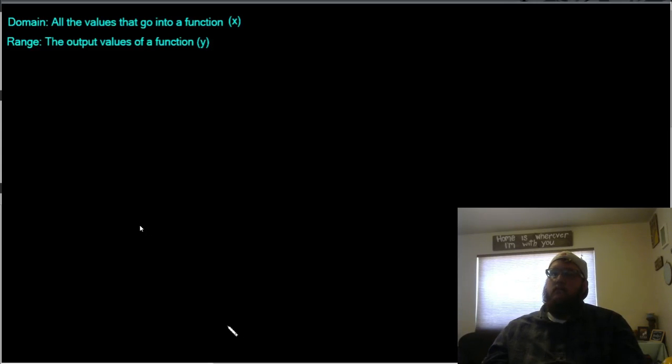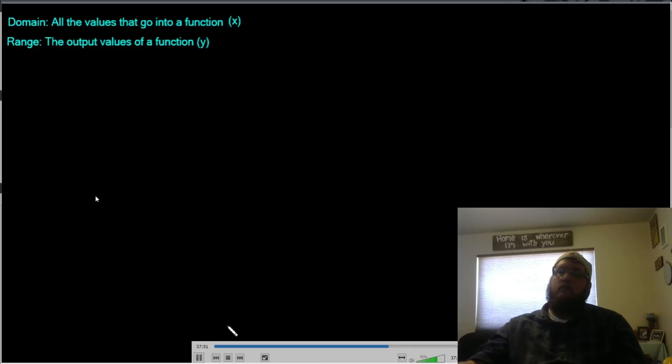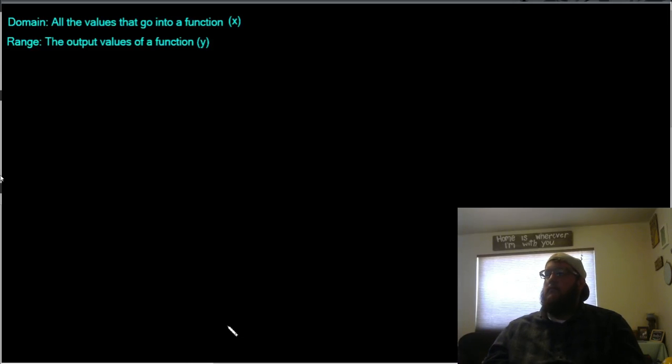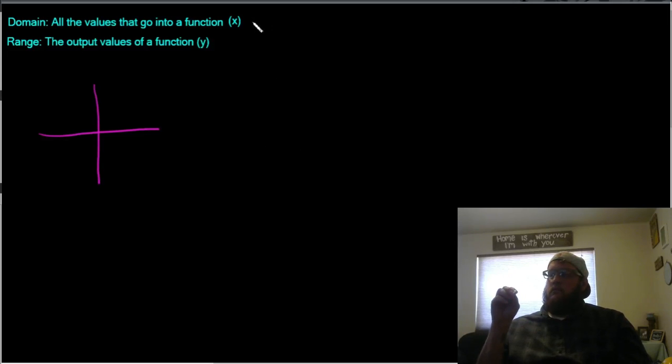Alright, so let's talk about domain and range. Well, domain is talking about all of the x values on a graph. So, for example, if I had a graph, my domain would be talking about the x values, all of these numbers along the x-axis here.